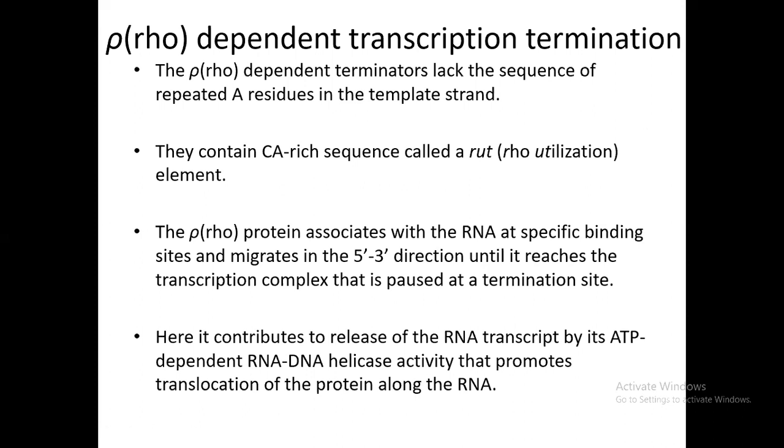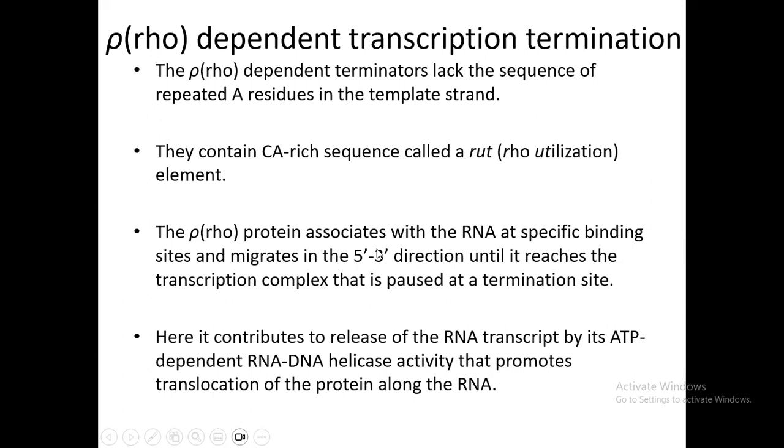The second type of transcription termination mechanism is known as rho-dependent transcription termination because it requires a protein factor, which is known as a rho factor. So, rho-dependent transcription terminators lack the sequence of adenines in the template DNA strand. On the contrary, they contain a CA-rich sequence, which is known as the rut sequence or the rho utilization elements.